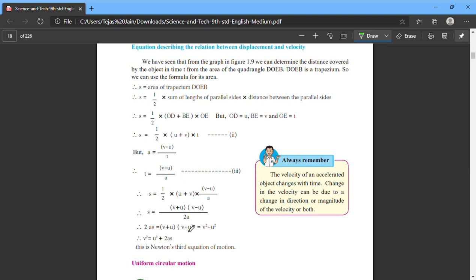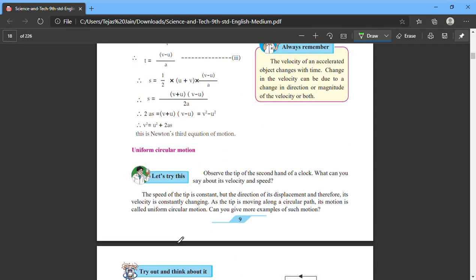But V plus U in the first bracket and V minus U in the second bracket gives V square minus U square. Therefore, instead of writing V plus U, V minus U, we write V square minus U square. This 2A goes toward the left hand side, so we get 2AS. Therefore we get the equation V square is equal to U square plus 2AS. This is Newton's third equation of motion.